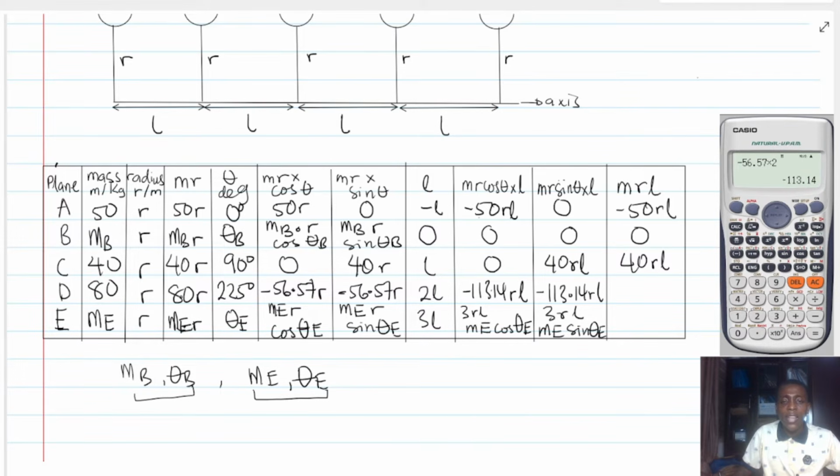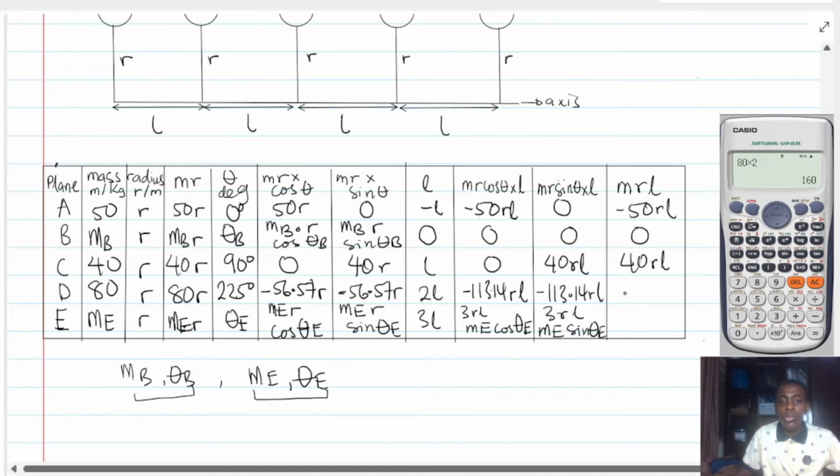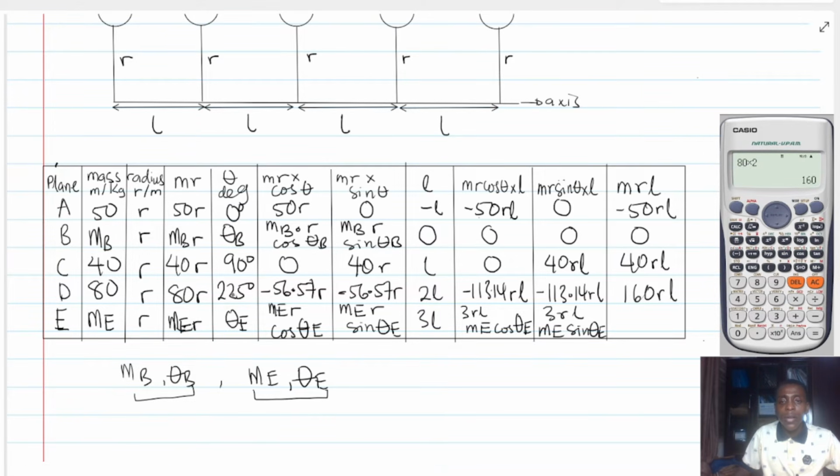Then I have 80 R multiplied by 2L, and so 80 multiplied by 2 is 160. So I'm going to do 160 RL. All right. And then finally, I'm going to do 3 ME RL.